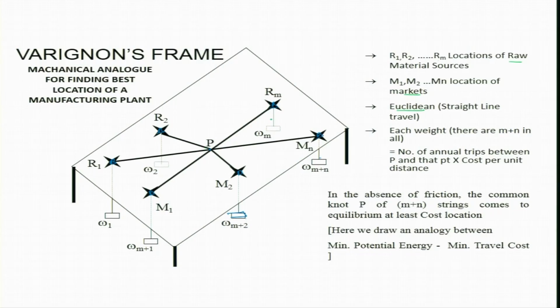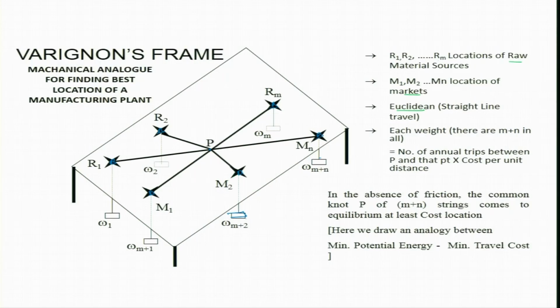And we hang the weight equivalent to the material to be transported from R1 to P, from R2 to P. So, this weight W2 will be equivalent to the material to be transported from R2 to this facility P. Similarly, this weight Wm plus 2 will be the quantity which you want to transport from your proposed location P to the market M2.